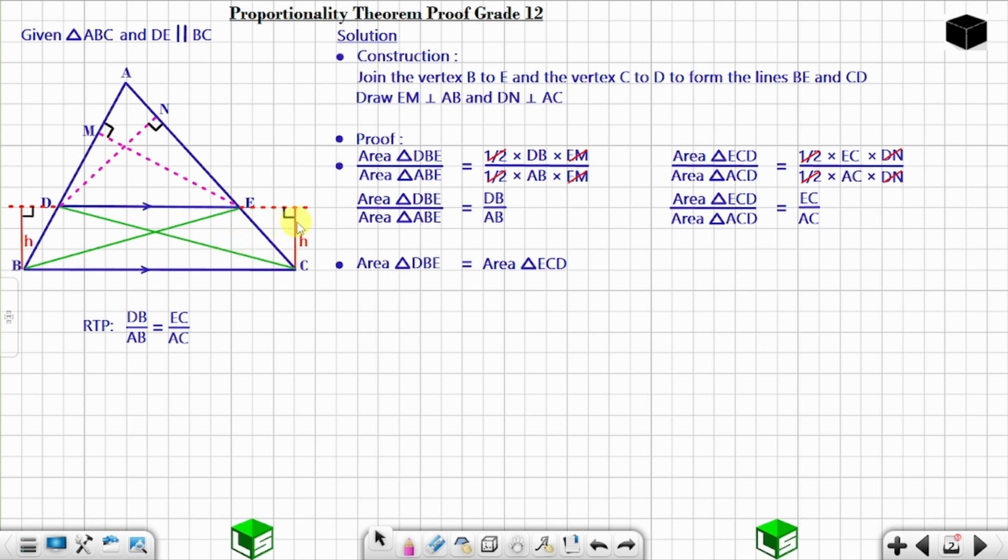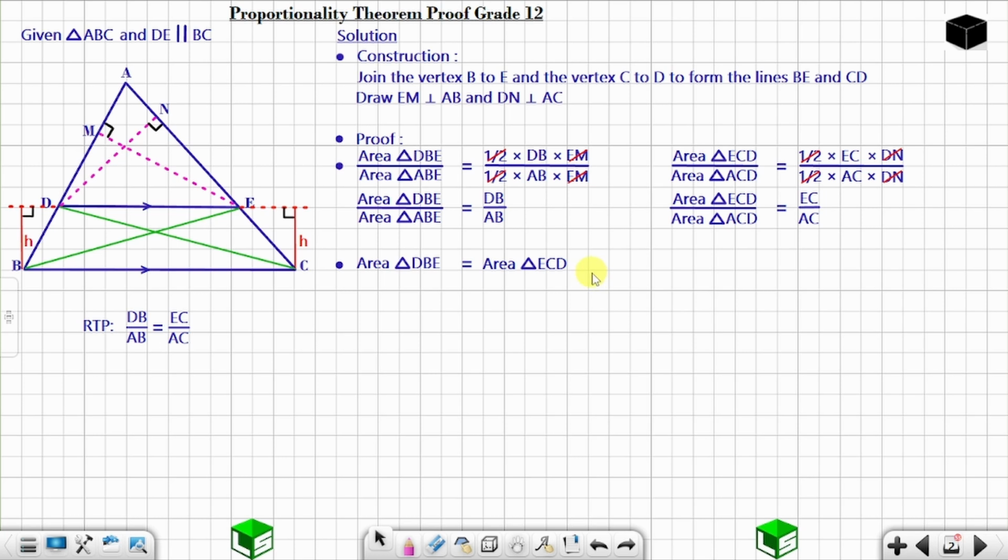You can see this height is equal to this height, and you have a common base. When two triangles have the same base and the same height, their areas are equal.